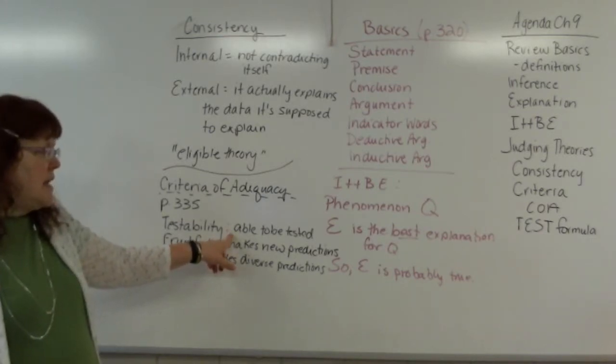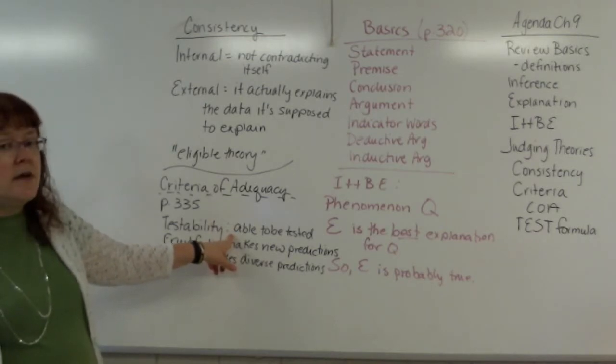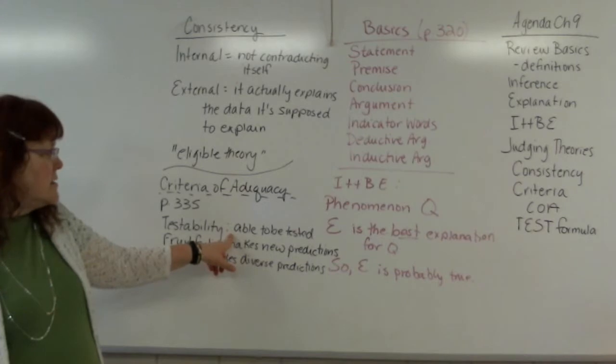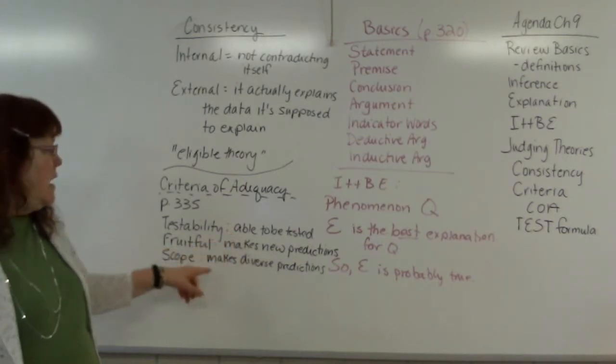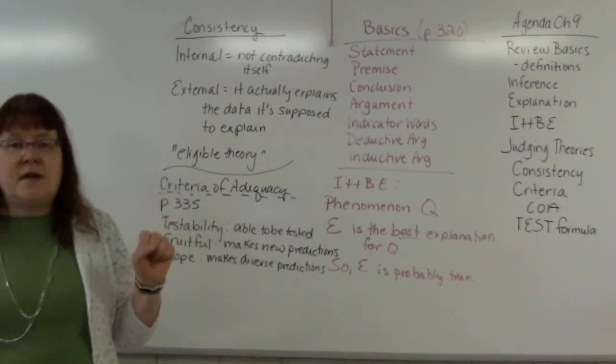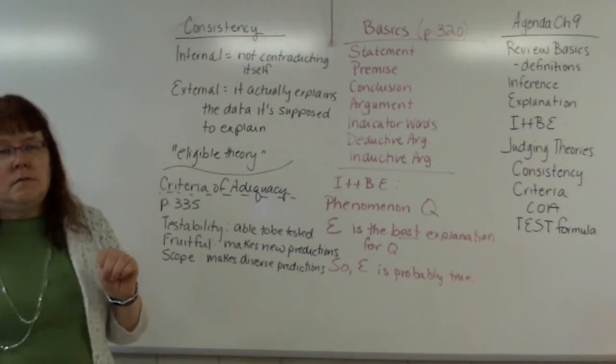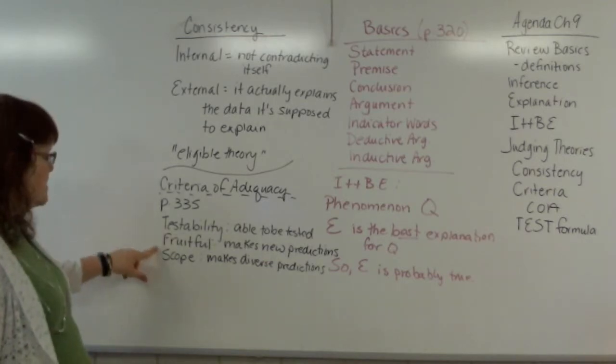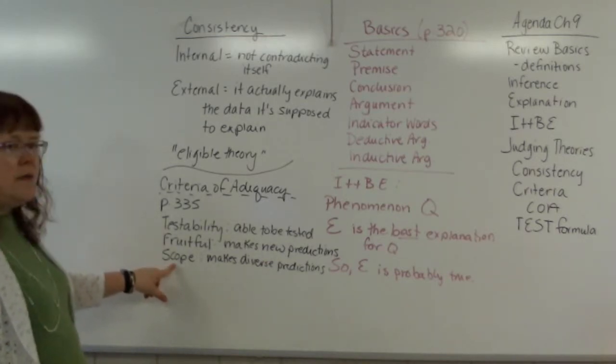If it's able to be tested, okay, it depends on the theory, right? We can't test the Big Bang Theory. There are lots of things that we hold as fairly obviously true that we can't test. But if we can test it, but we can't test the rest of the theories, then, okay, somebody wins there. So these three, we're looking at how much, and the more the better.